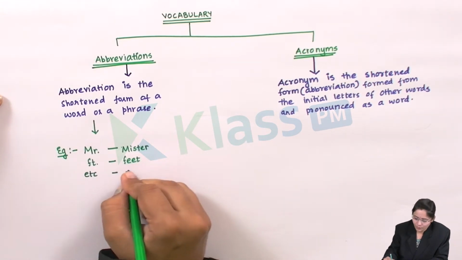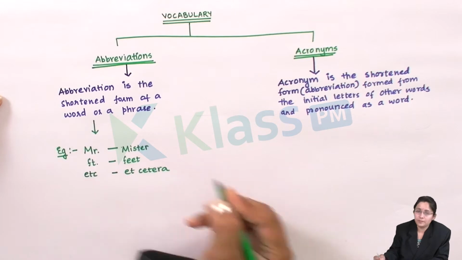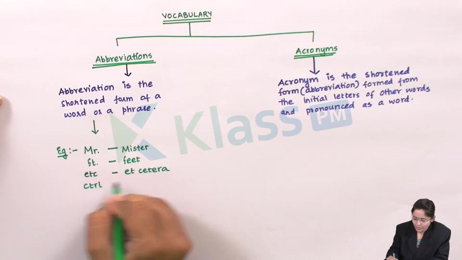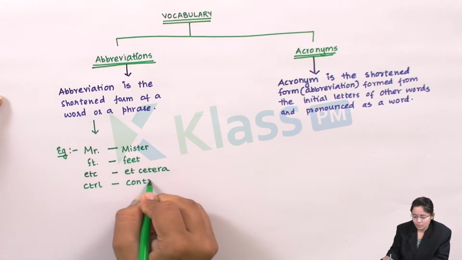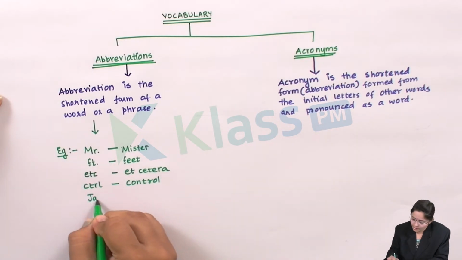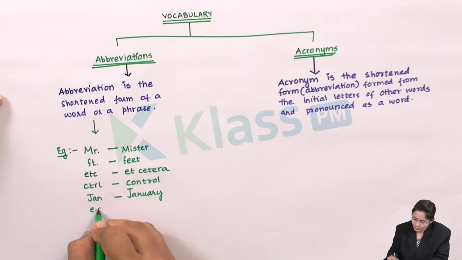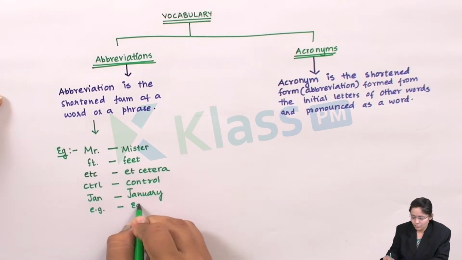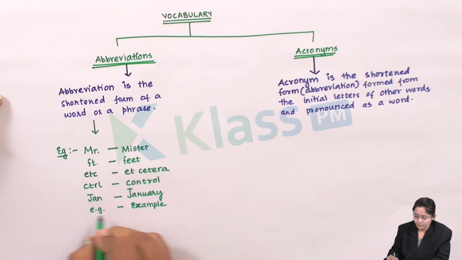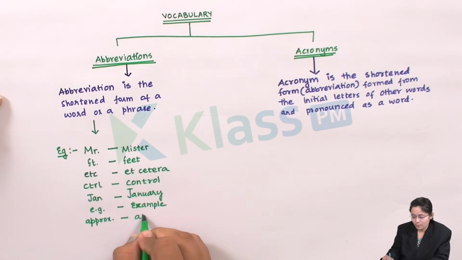ETC, abbreviation for the word etcetera. CTRL, abbreviation for the word control. JAN, abbreviation for the word January. E.G., abbreviation for the word example. APPROX., abbreviation for approximately or approximate.